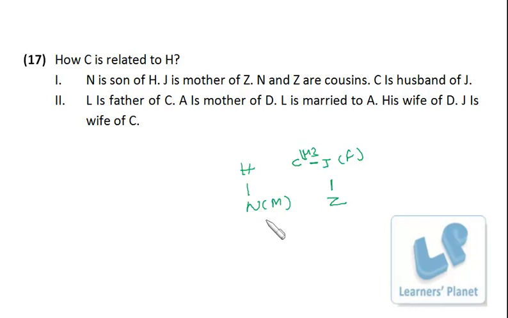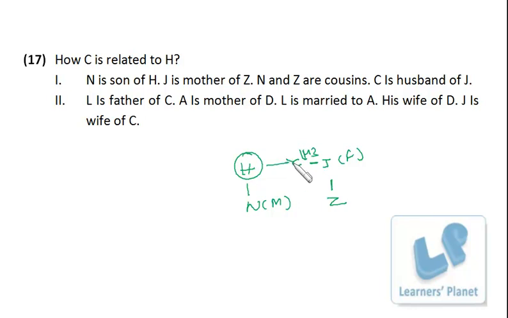Now N and Z are cousins, so they are the same generation. Now we have to find out the relationship between C and H. C and Z's mother are husband and wife, and Z is their son or daughter, we don't know. N is son of H, right? But we do not know whether H is male or female.